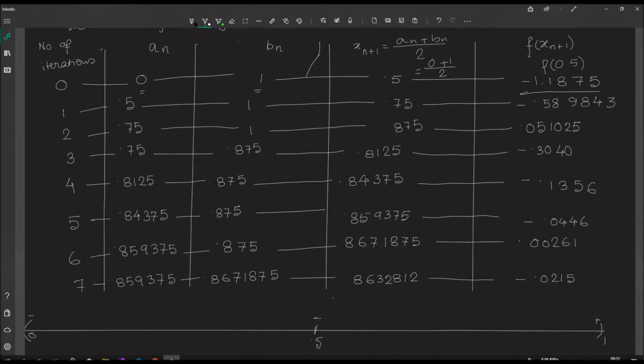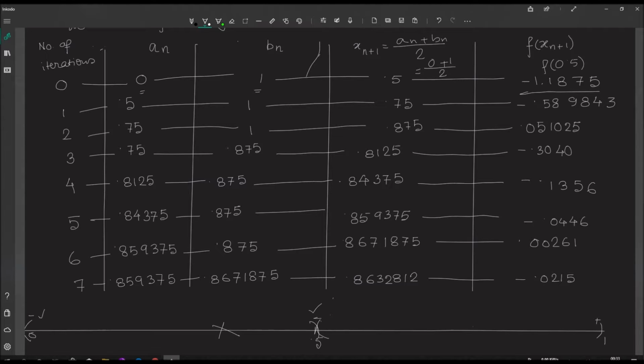Now for x equal to 0 we are getting the value of f(x) as minus, and for x equal to 0.5, we are getting the result as minus. So simply we can eliminate that section, and we are proceeding in the same way as we have taken the range 0 and 1.